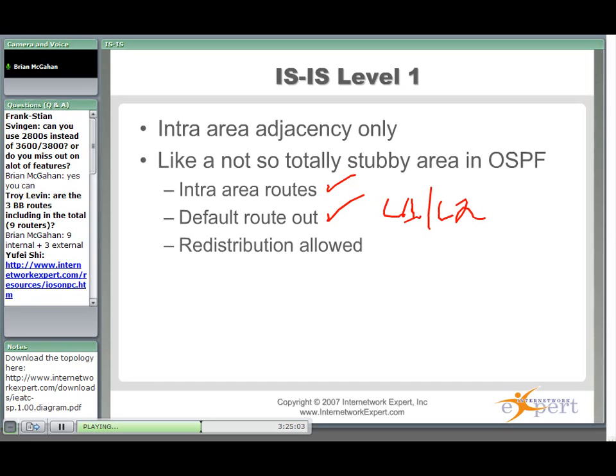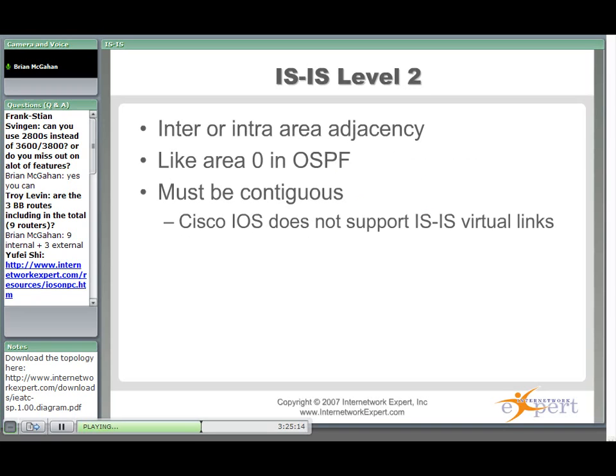So if you compare it to OSPF, it's similar to the not-so-stubby area in OSPF, where you see routes in your own area, you see a default route out for everything else, but you are allowed to redistribute into the area.